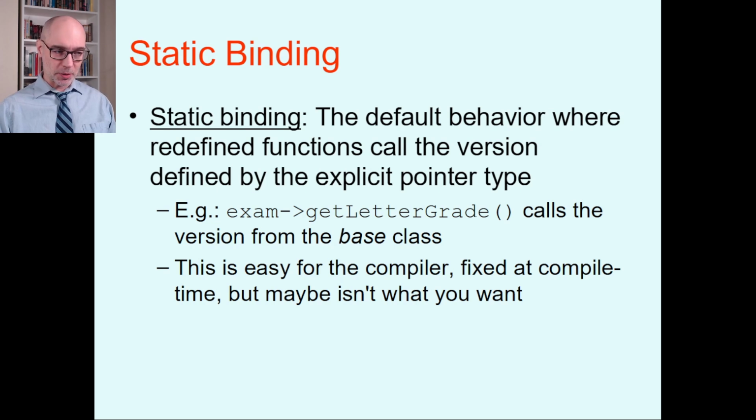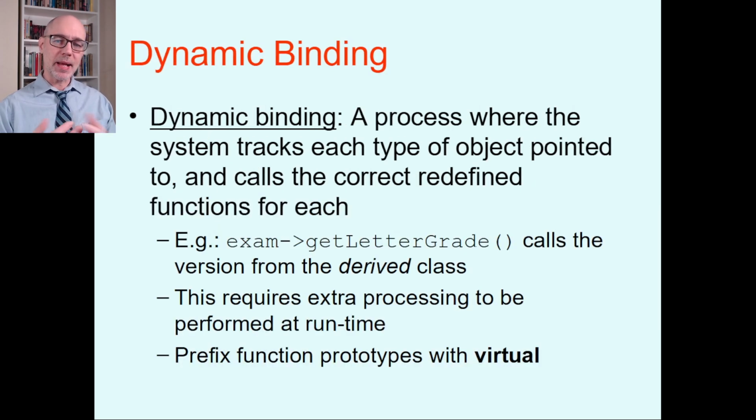So the other option is called dynamic binding. That's a process where the system, while the program's actually running, tracks the type of each underlying object and calls the correct redefined function for each. So in our example, if I have that exam pointer, and again I call the getLetterGrade function, this is the exact same code, but if dynamic binding is happening, it's going to do a little bit of extra work.